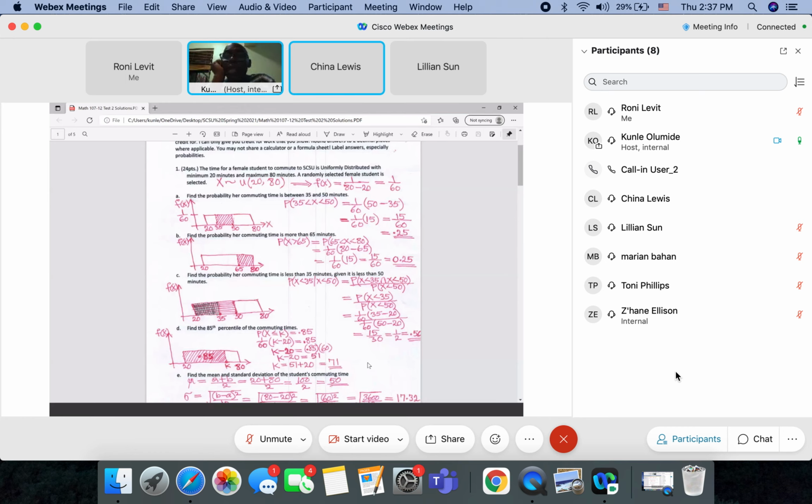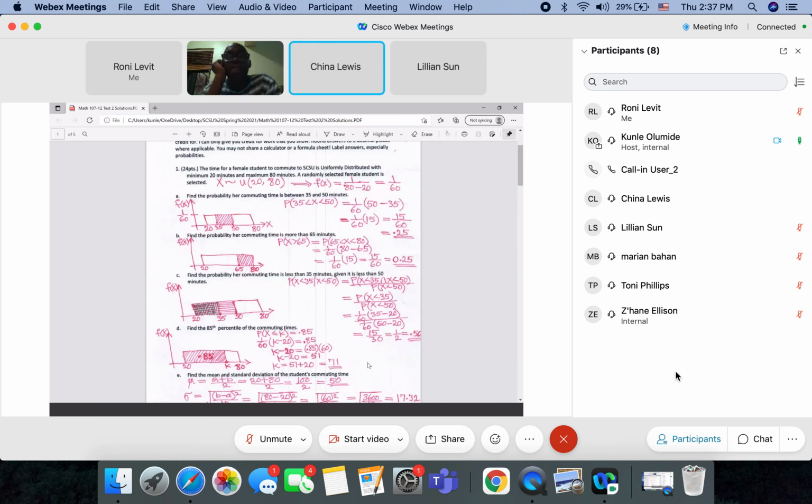You can see that at the top it says probability of x less than 35. Do you see that? Yes. So since x is less than 35, we go to the graph and use the formula of the area to the left.